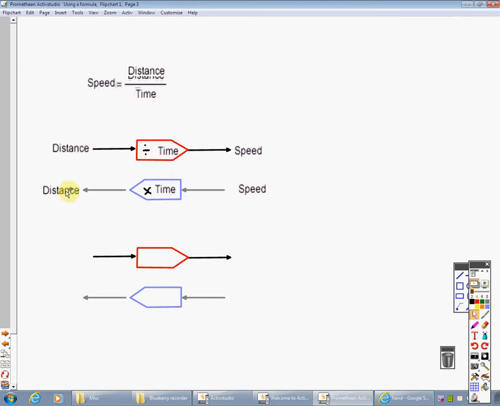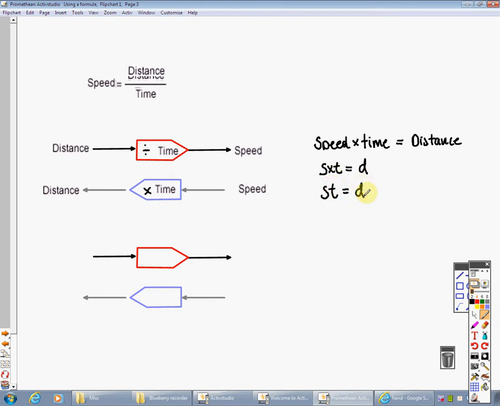So we now know that speed multiplied by time will equal the distance, or S times T equals D, or ST equals D.